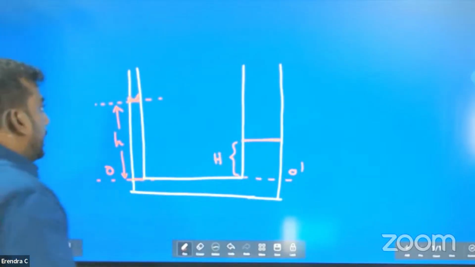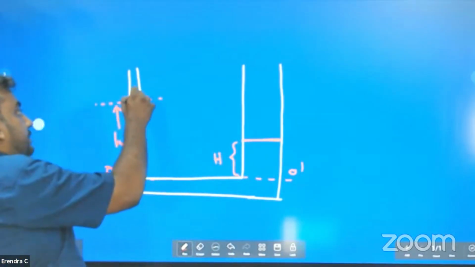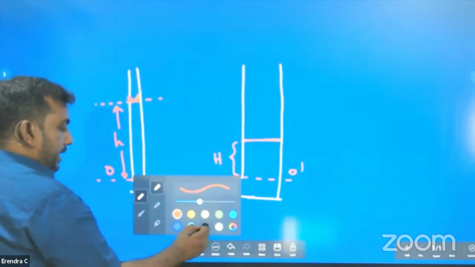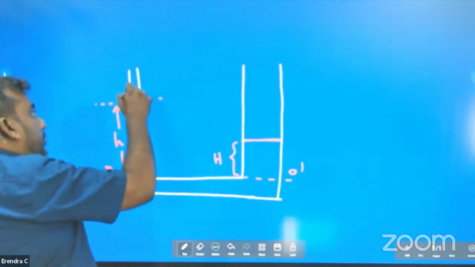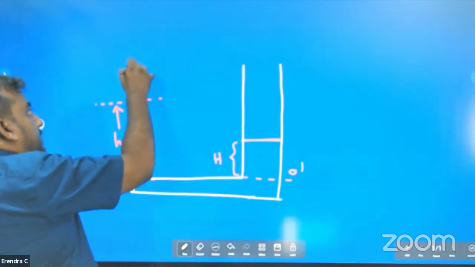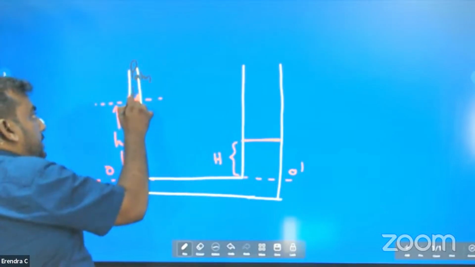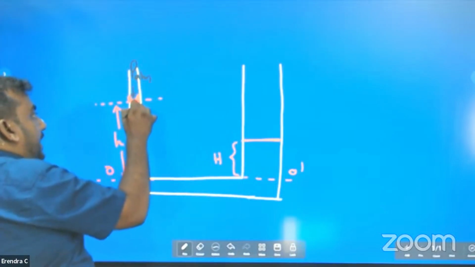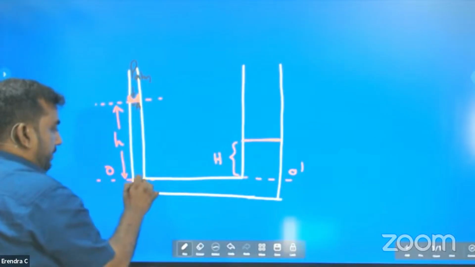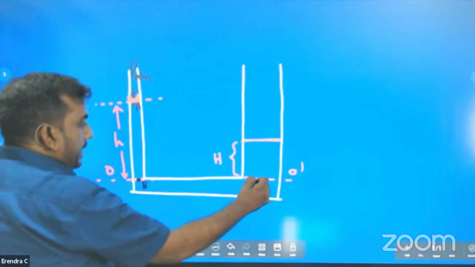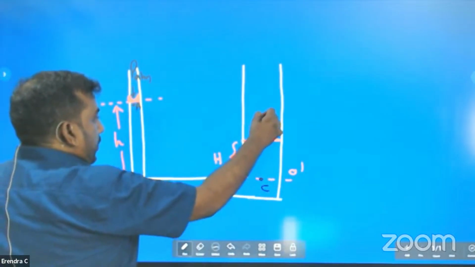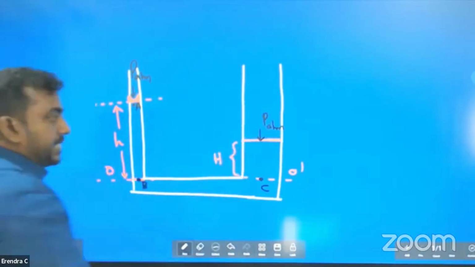Remember here, when there is a meniscus, if I mark it, here you have atmospheric pressure. Just below it, the pressure will be slightly different. Then we can find the pressure at B, here pressure at C. Here, of course, atmospheric pressure is acting.